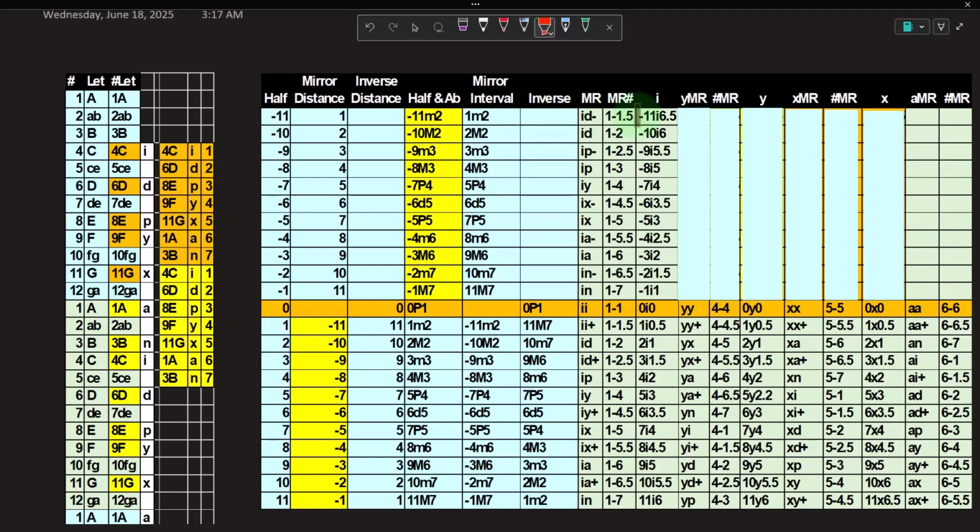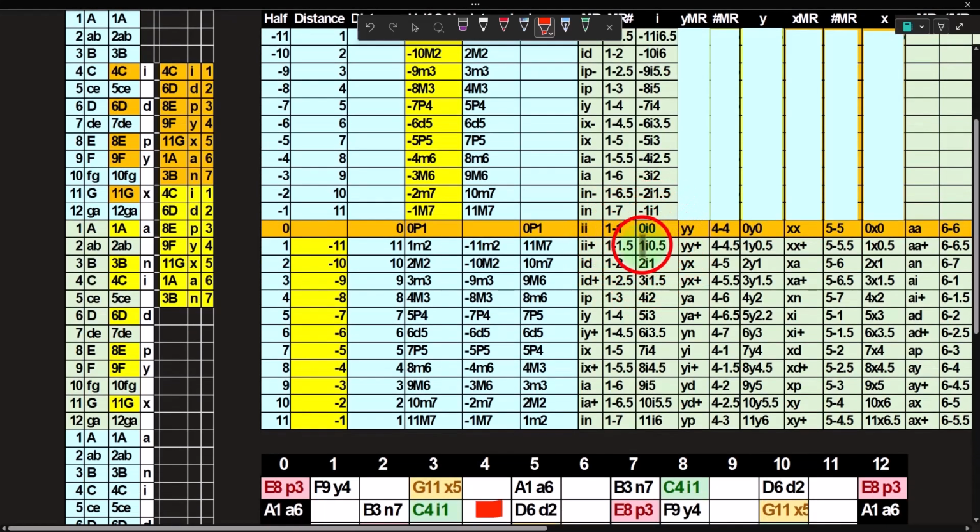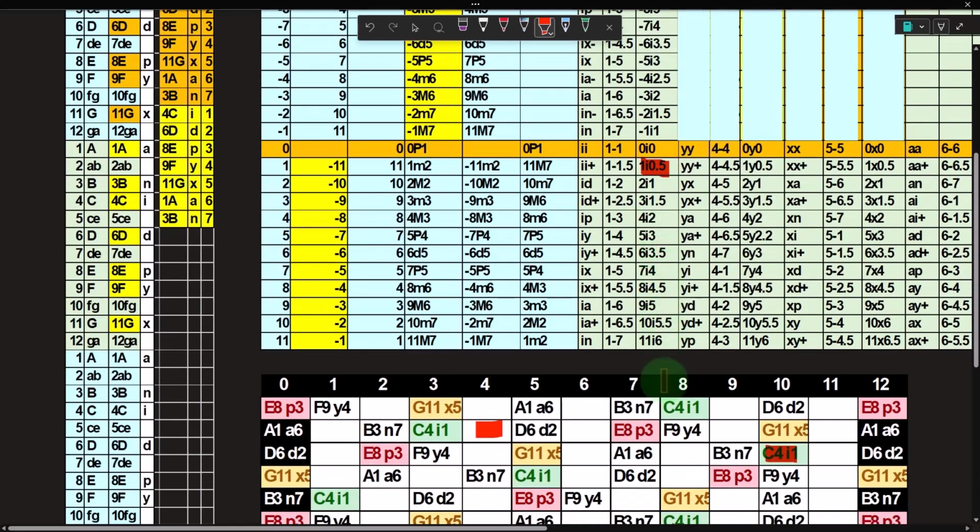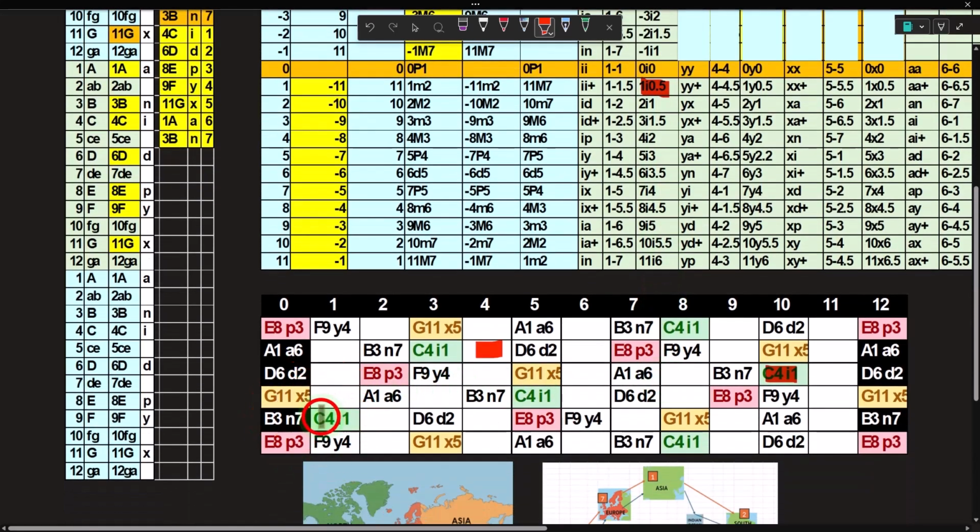The inverse would be 12 minus 11, which would be 1 note away from the Ionian node and a 0.5 distance. So if I was going this way to land in the Ionian Ocean, I only need to go 1 step forward note-wise, which would be a half step from the standpoint of a modal half step. All right, so let's do another one.